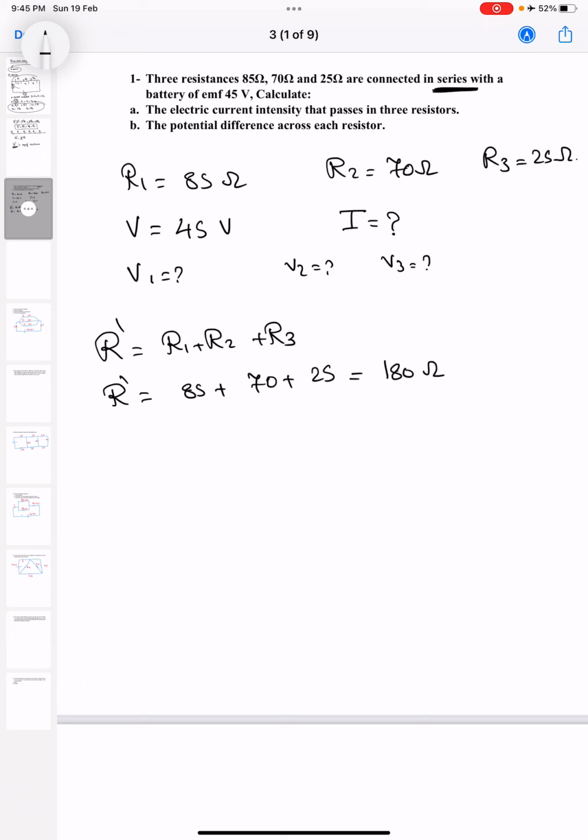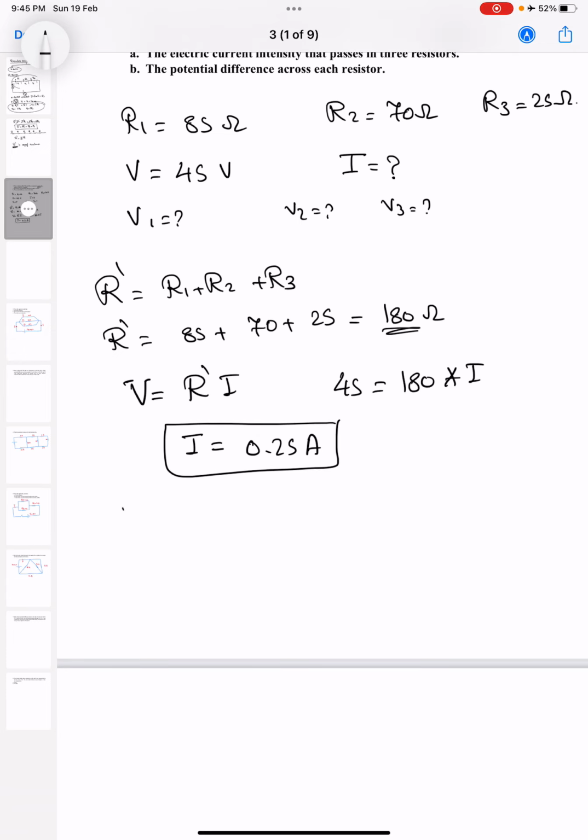This is the total resistance. So V equals R dash I. V equals 45 equals 180 times I. This is the total current. Okay? By calculator, we can find I equals 0.25 ampere.